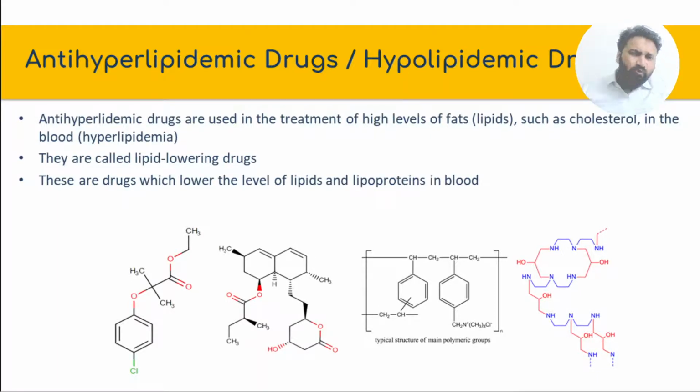So the terminologies stated in hyperlipidemia are hyperlipoproteinemia, hypertriglyceridemia, high density lipoprotein cholesterol, diabetic dyslipidemia, etc. Now the drugs which are used to counter these disorders of hyperlipidemia are known as antihyperlipidemic agents, also known as hypolipidemic agents, because they cause a change from hyper to hypo.